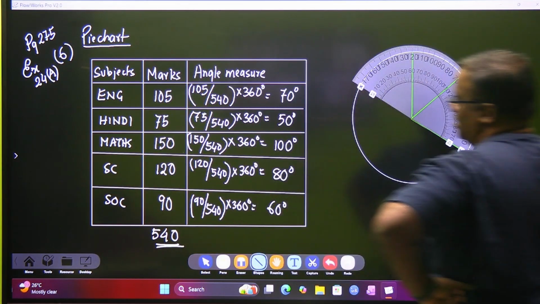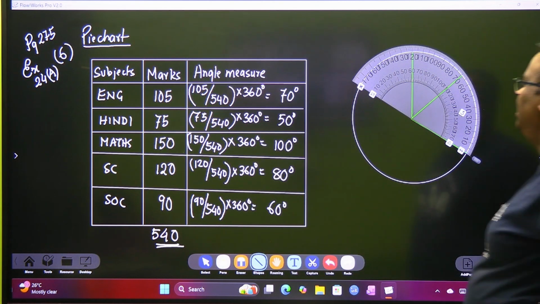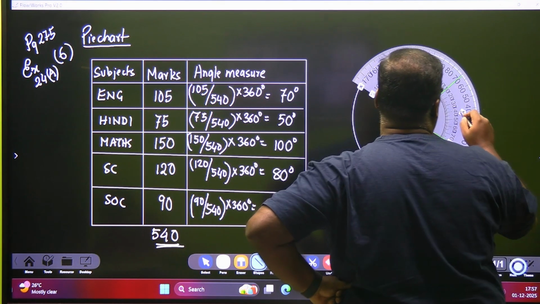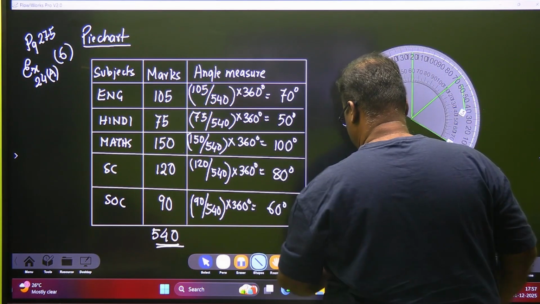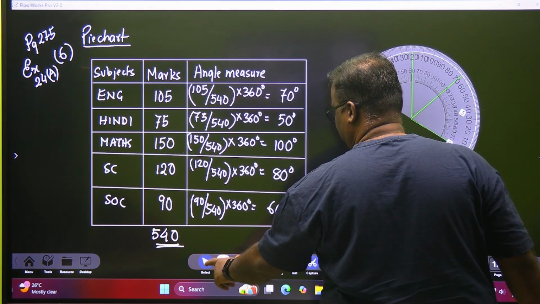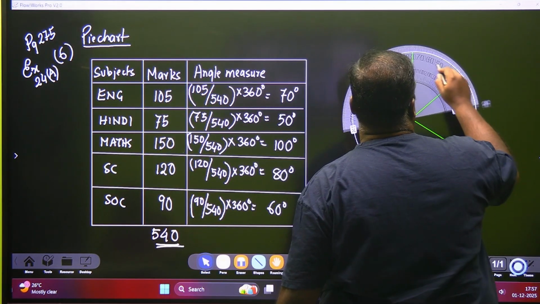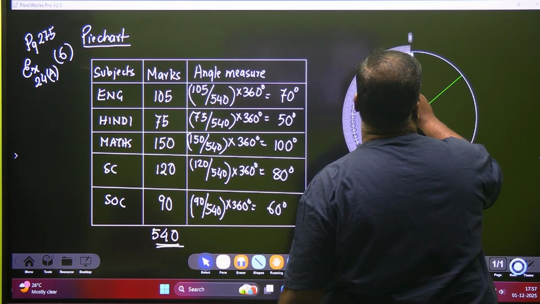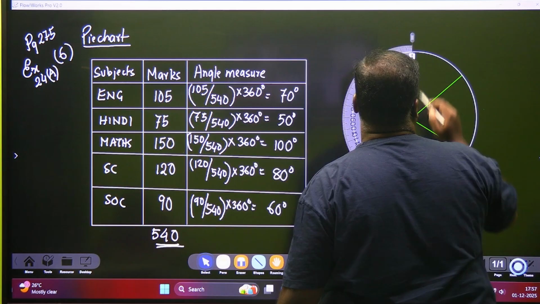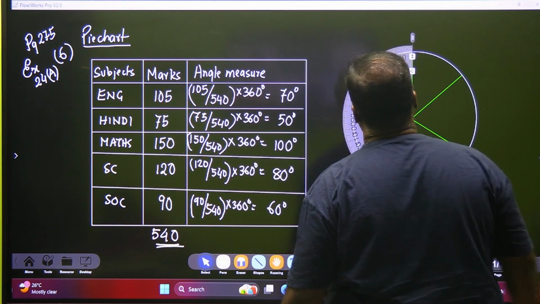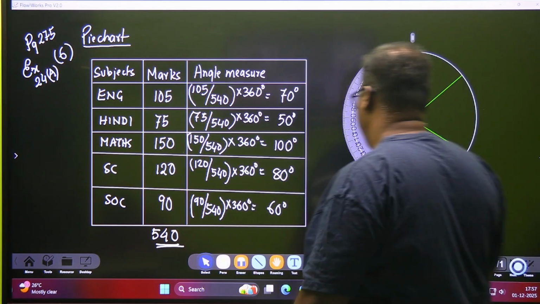I'm taking a little shortcut. Then there's another 100 degrees. Going from 120, how much is it? Now I have to turn my protractor. The next angle is 100 degrees for me.